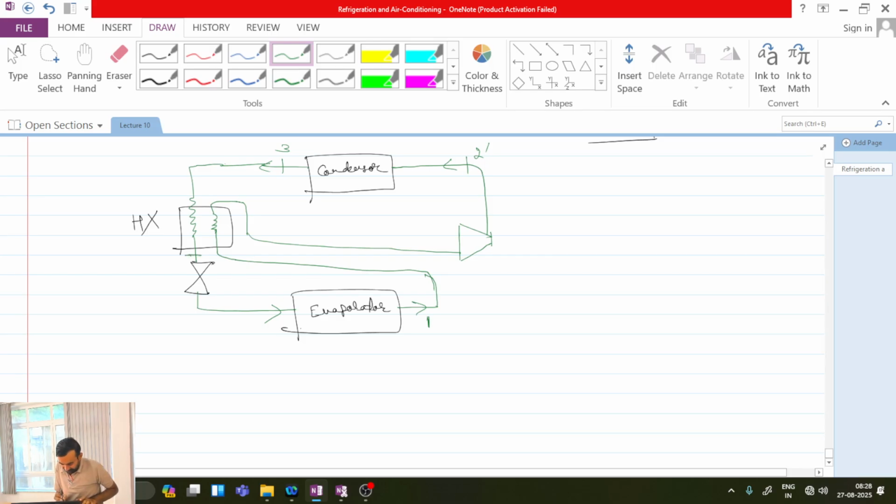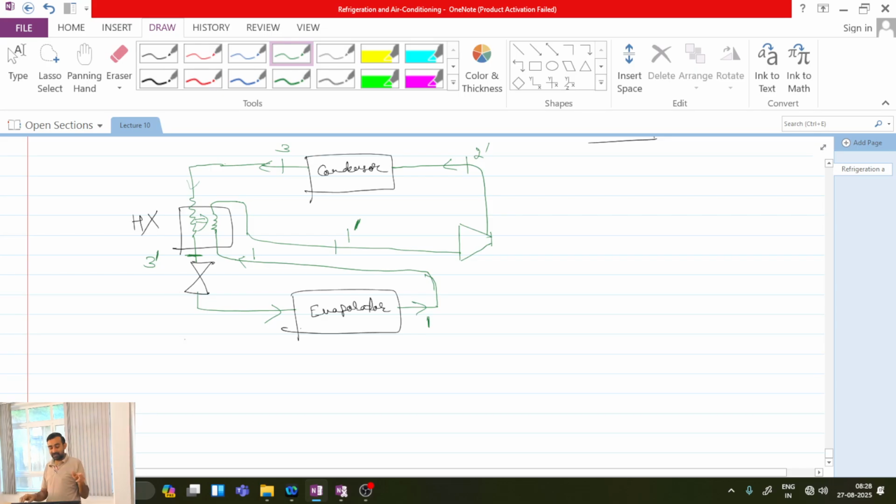From 3 to 3 dash, whatever cooling, because the temperature of 3 which is entering this heat exchanger from the top is greater in comparison to the temperature of state 1 which is entering from the other side, there will be heat transfer from this to this. Because of this, there will be heating from point 1 to point 1 dash, and cooling from point 3 to point 3 dash.